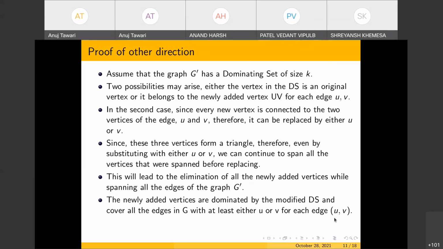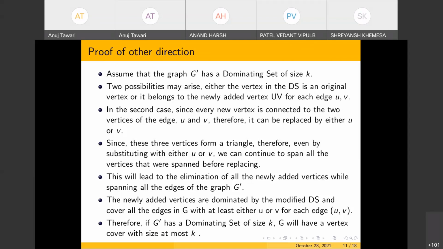And that is exactly the definition of vertex cover, right? For every edge, you have at least one endpoint. You cannot have both endpoints of that edge not in the modified dominating set. Therefore, if G prime has a dominating set of size K, G will also have a vertex cover of size at most K.